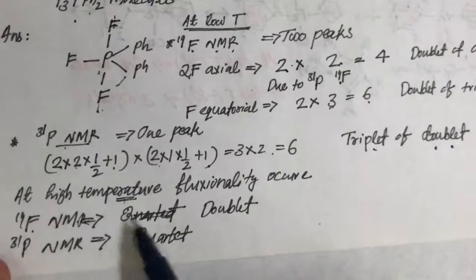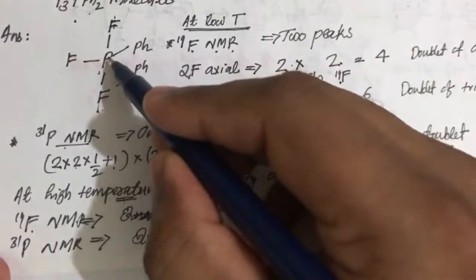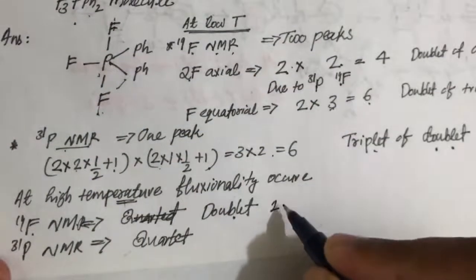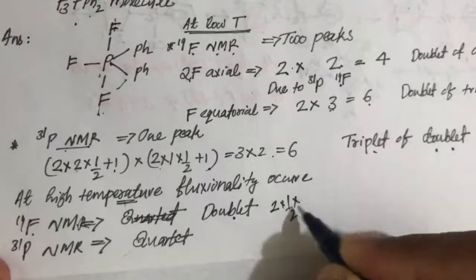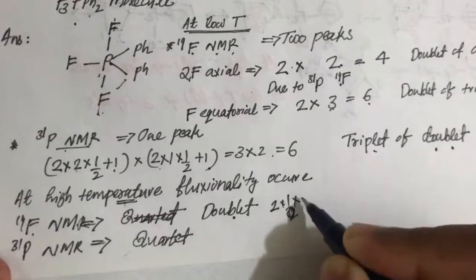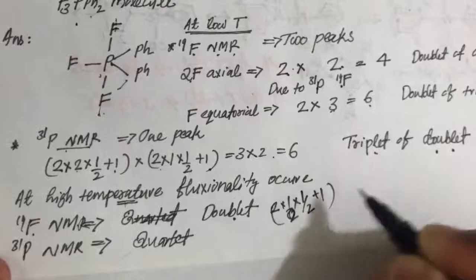That signal splits into a doublet due to the presence of one phosphorus, that is 2 into n, I for phosphorus half, plus 1.